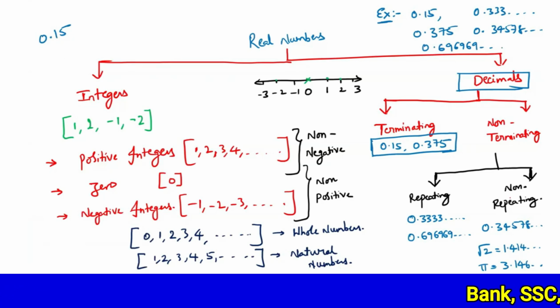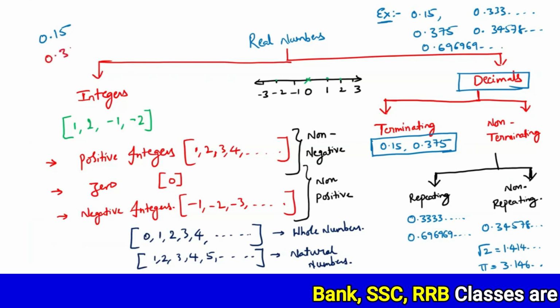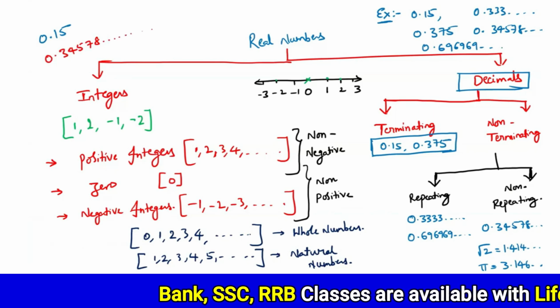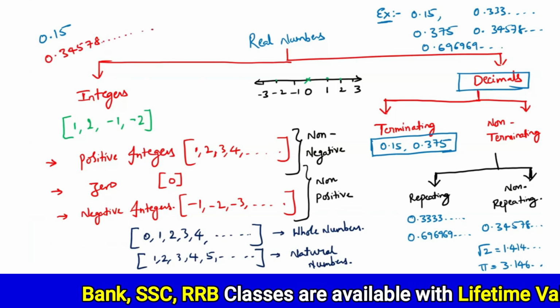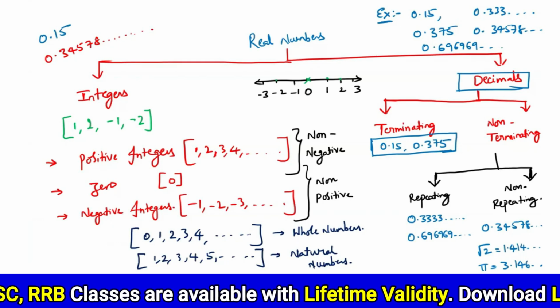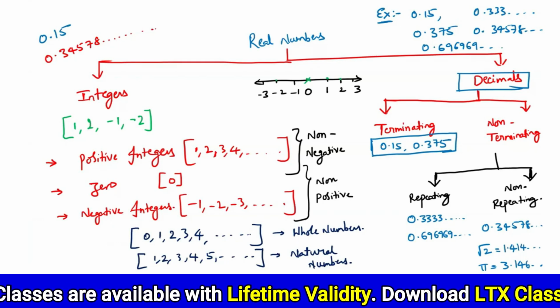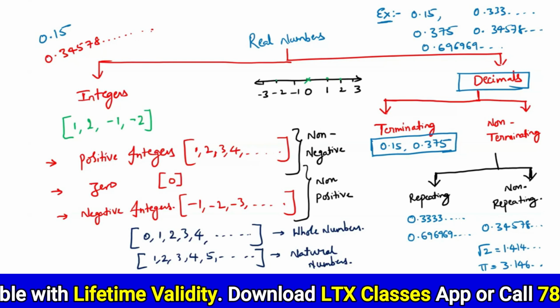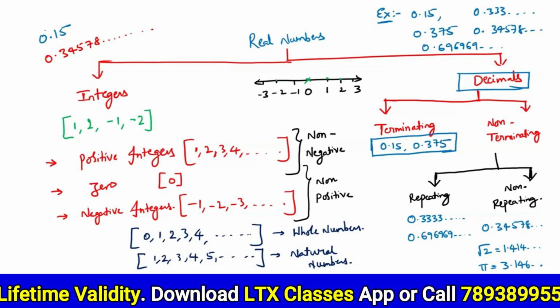But coming to non-terminating, non-repeating, I wrote the example 0.3457 and so on. The numbers will keep going even after the 8. These types of things will be called non-terminating, non-repeating decimal. Understood? This is regarding the example.